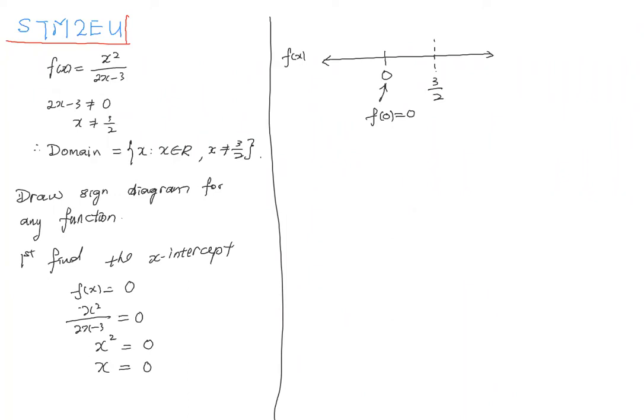So domain, this part is a small part. When we talk about domain, definitely I'll ask you about a fraction, or ln, or square root. So this will be part of the question.